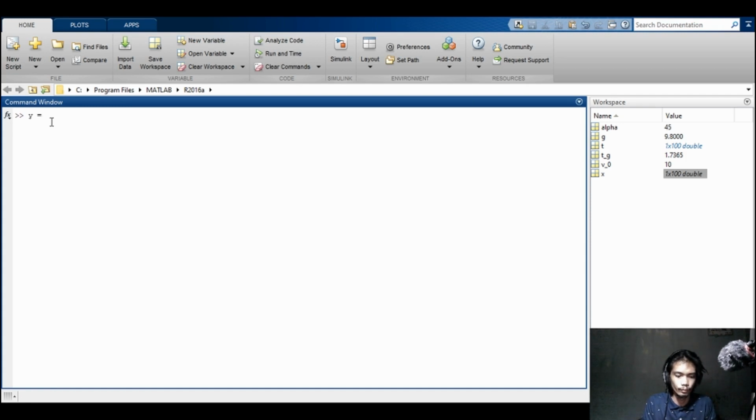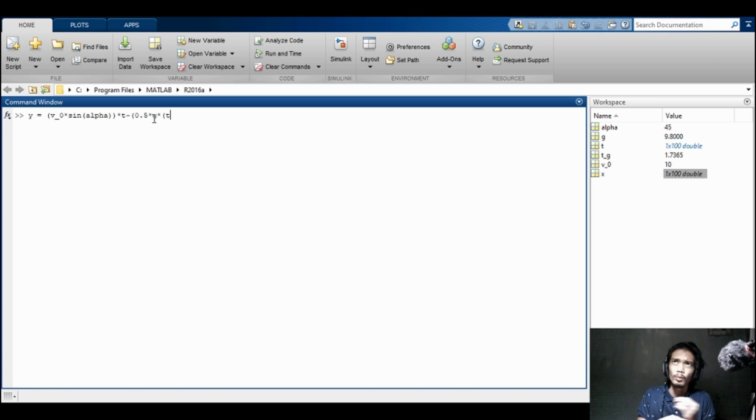So y is equal to v of 0 multiplied by the sine of alpha. So let's close everything here, multiplied by t minus 0.5, because 1 divided by 2 is 0.5, multiplied by the gravity, which is g, times t, which is element wise.